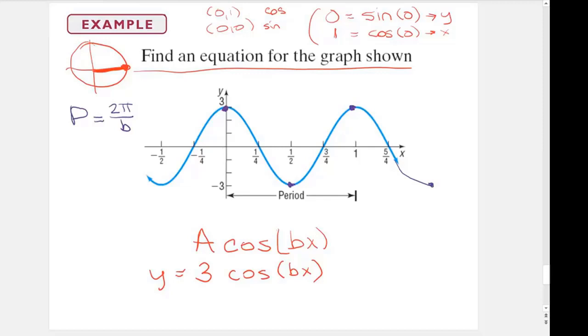So my period is actually 1 for this graph. You see that? Yeah, I see it. Okay, good. So now I have 1 equals 2 pi over b. I can solve for b by multiplying both sides by b. So I have b equals 2 pi. The equation for this graph is 3 cosine of 2 pi x.